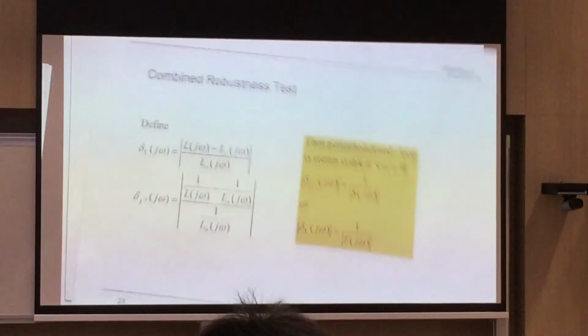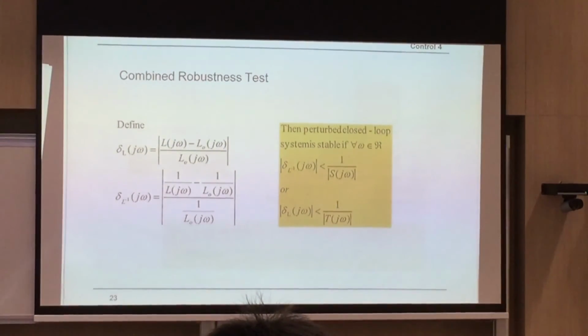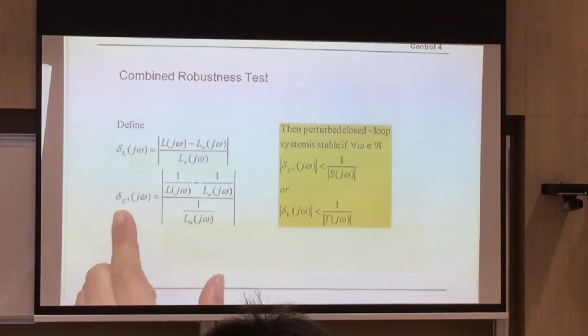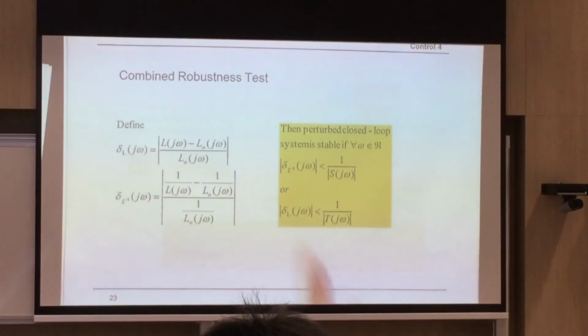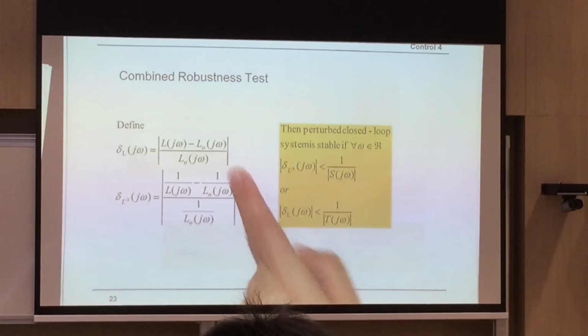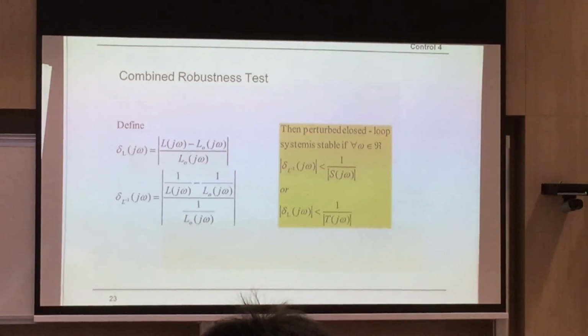So with this, we have a robustness test that can be defined. We define ΔL and the inverse of ΔL as the left-hand side of your stability criterion, for the Nyquist plot and the first Nyquist plot.